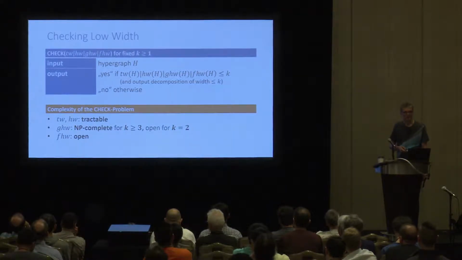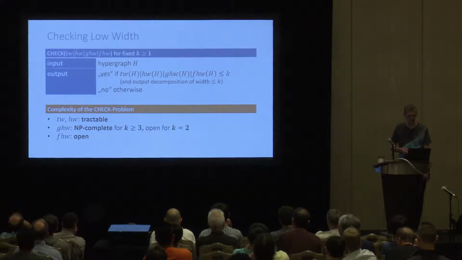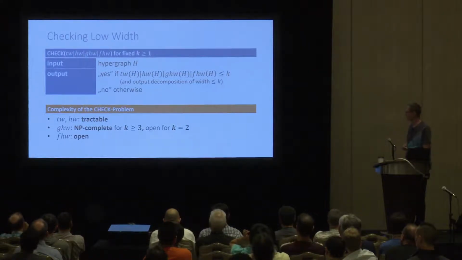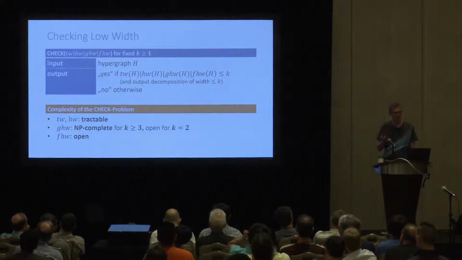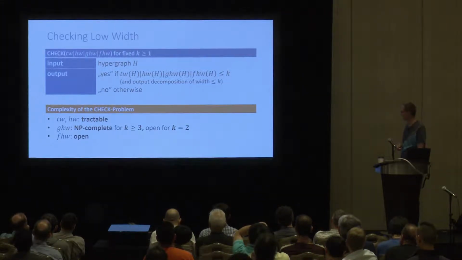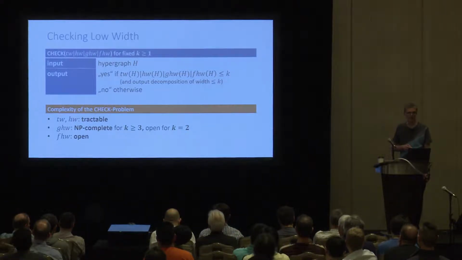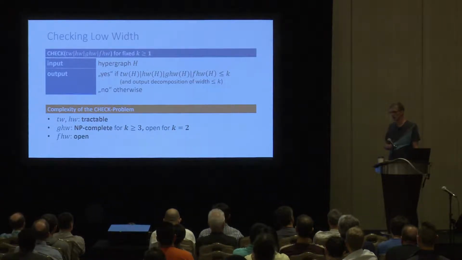Now, as far as the complexity of the check problem is concerned, the state of affairs is as follows. For tree width and hypertree width, it's known that the check problem is tractable. For generalized hypertree width, it has been shown that this problem is NP-complete for any value of k greater than or equal to 3. Actually, the case k equals 2 is open.